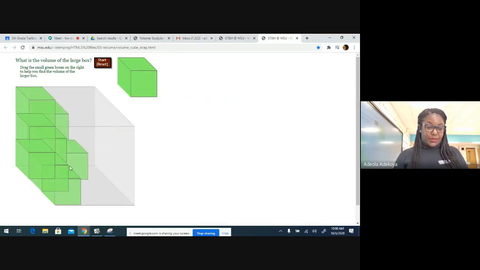We can also count as we go. That's also helpful. So far, I have put 1, 2, 3, 4, 5, 6, 7, 8, 9. All right, so we have 9 boxes in here so far. And we know it's 3 cubic units high, 3 cubic units wide, and we need to figure out how many cubic units long.